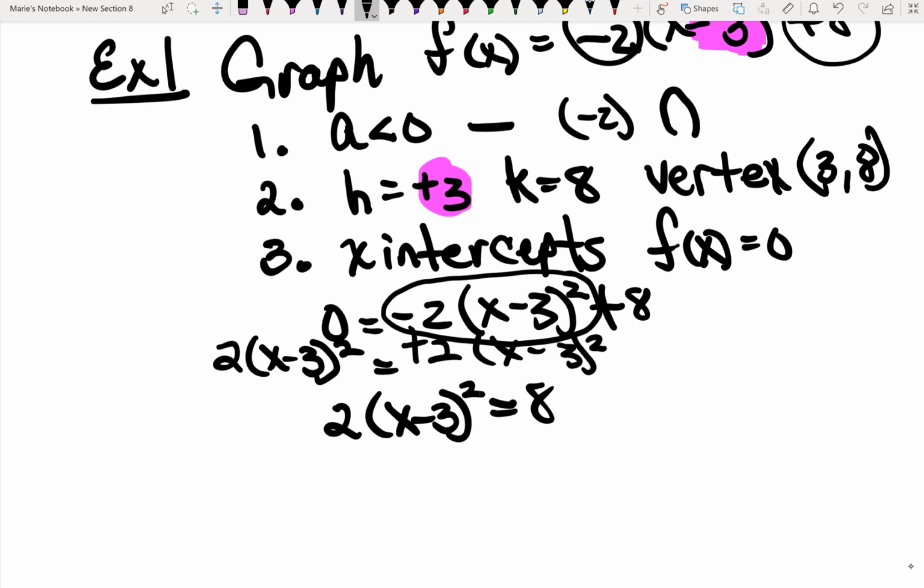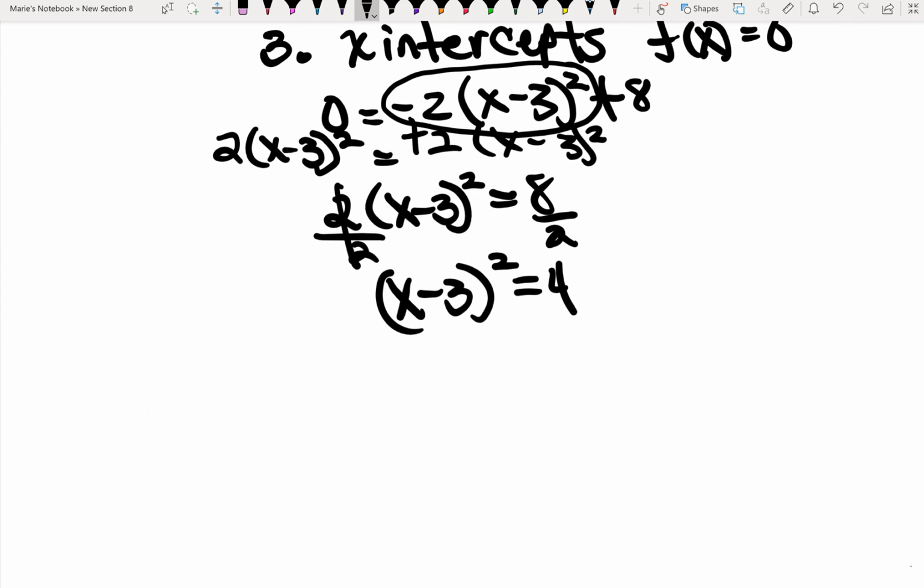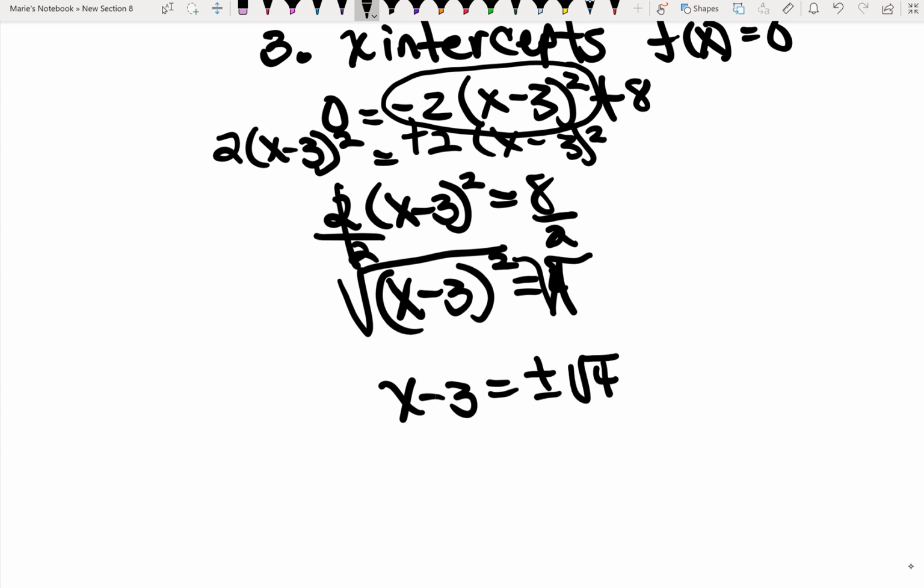And now we're going to solve by dividing by 2 on both sides. And that'll cancel. That leaves you (x minus 3) squared is equal to 4. All right. And so I will take now the square root of both sides. That's going to give me x minus 3 equal to plus or minus square root of 4.